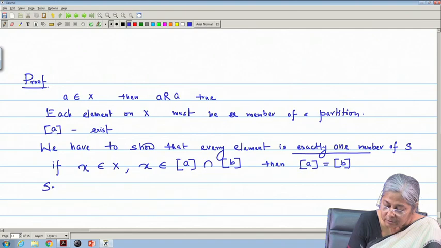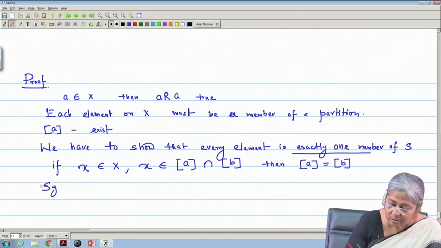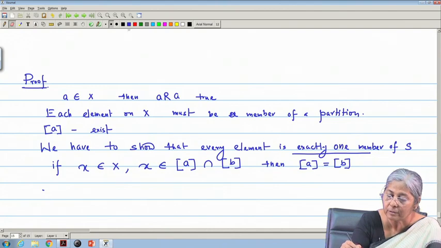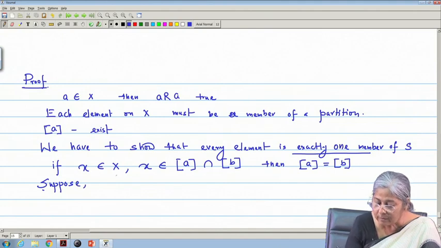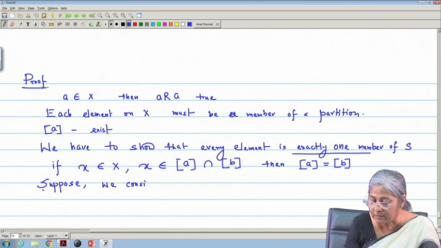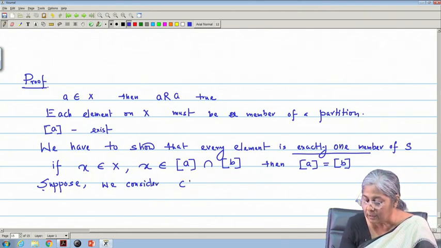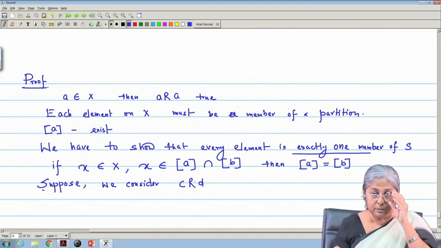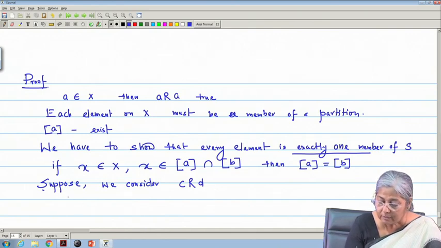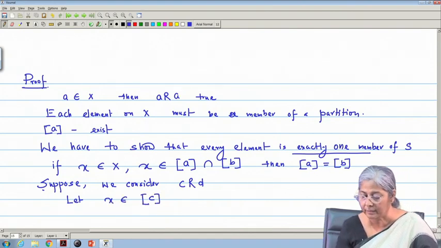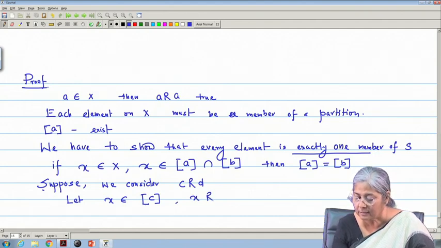So, suppose we consider some two elements C and D. Suppose we consider a relation C R D, that means C is related to D. Let x belong to partition [C]. So, that means x R C holds.